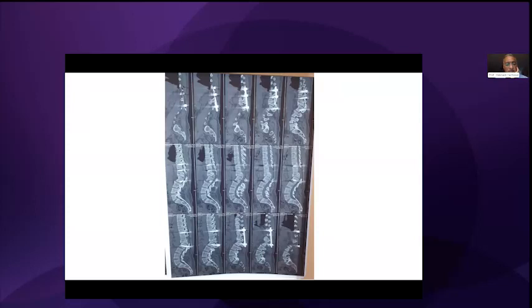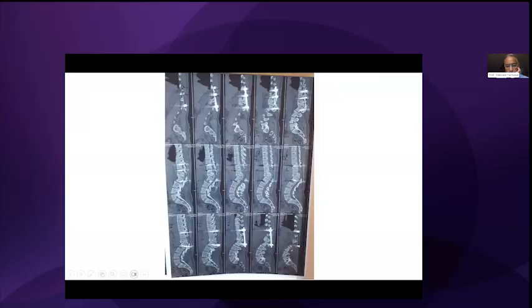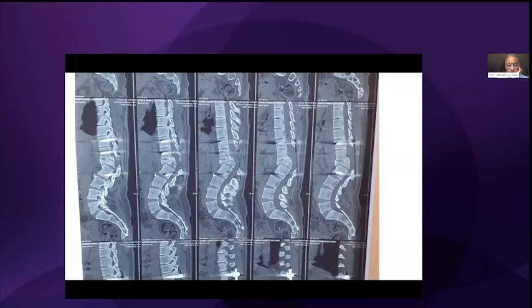This is a CT scan showing the nearly united, malunited, compressed old burst fracture of L1, compromising the spinal canal with local kyphosis, maybe up to 40 degrees.